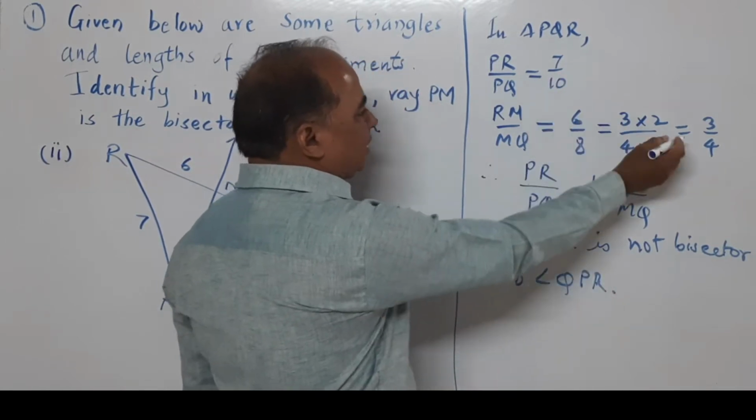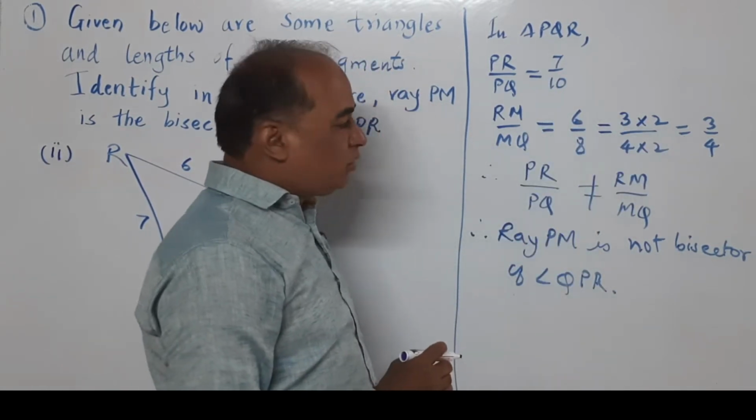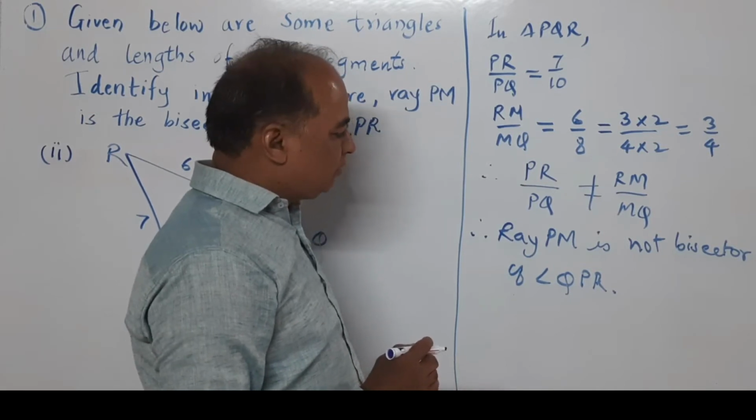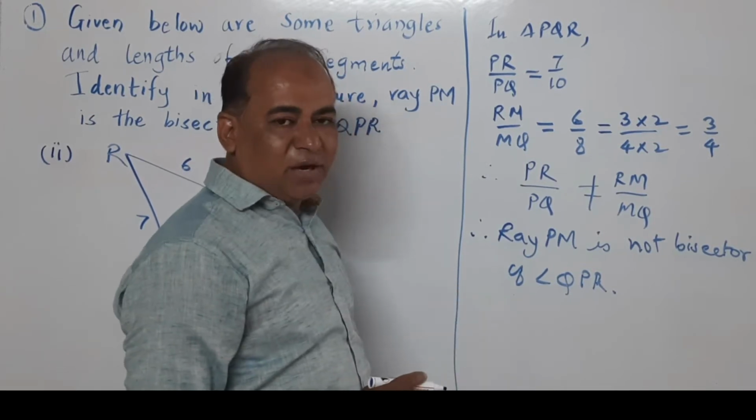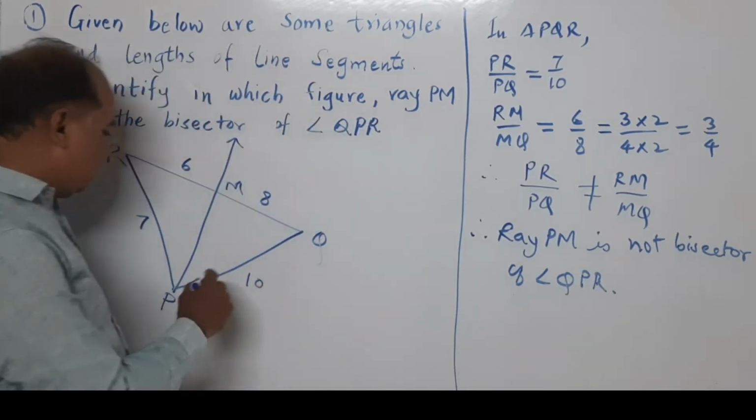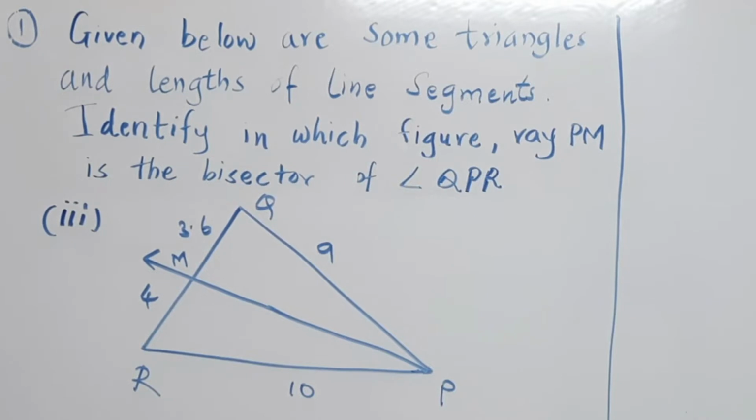It will be a bisector only if this ratio is equal, by converse of angle bisector theorem; else it is not a bisector of the angle QPR.